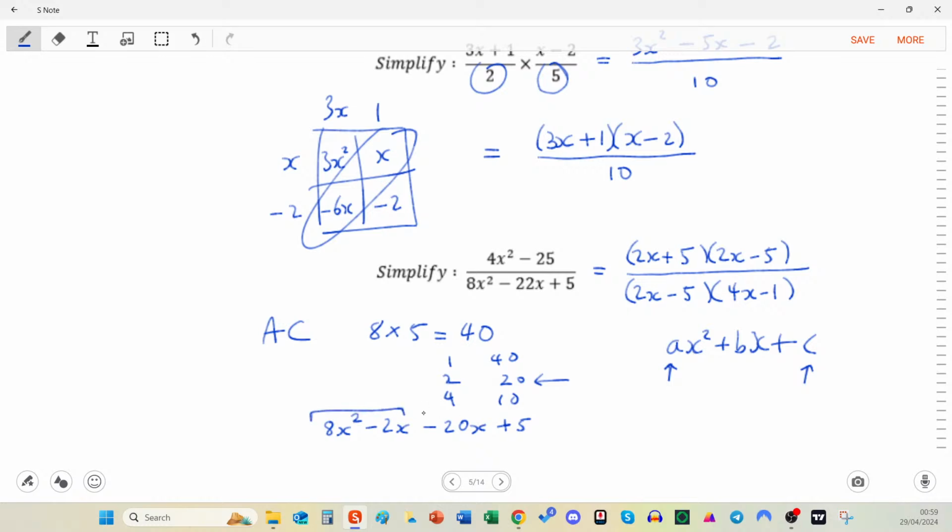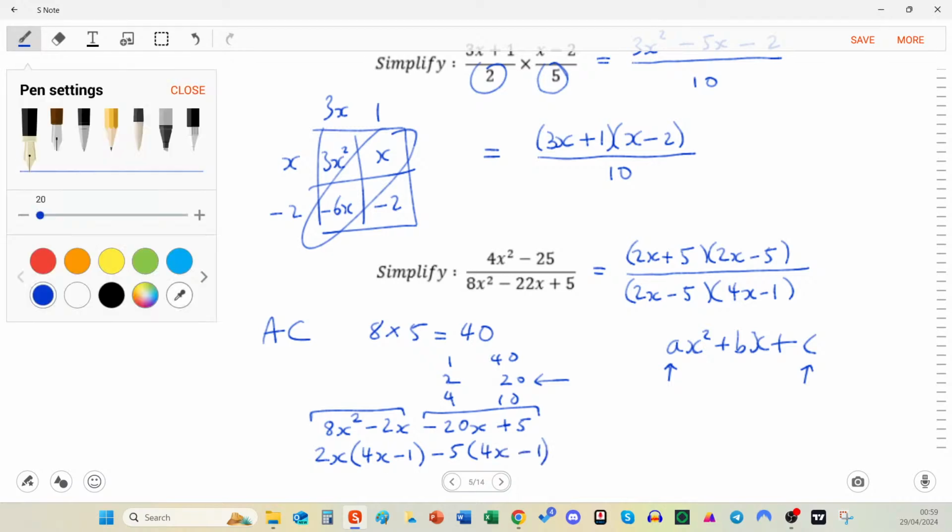Now we're going to factorize each side. 2x is coming out of here, which leaves us with 4x minus 1. And what's coming out of here? I've got to take out minus 5. That's all we can do. So that would leave us with 4x minus 1.